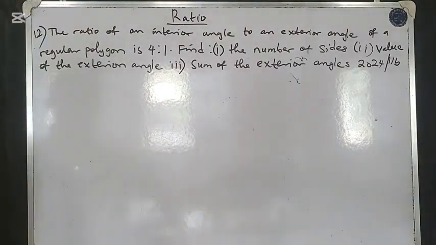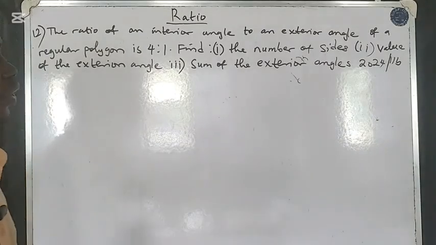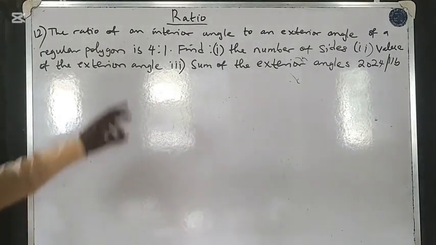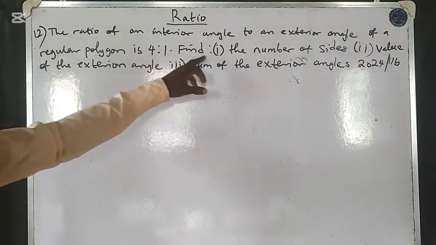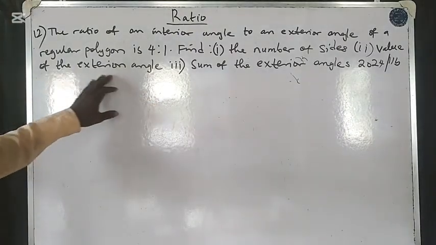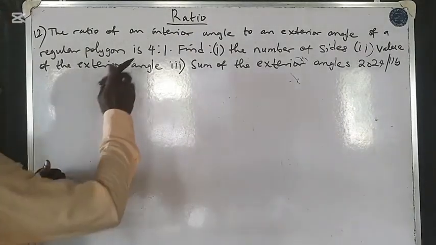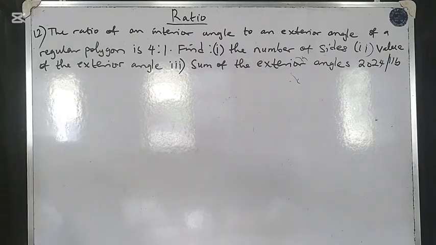We are told that the ratio of an interior angle to an exterior angle of a regular polygon is 4:1. Then we should find the number of sides. We should also find the value of the exterior angle and the sum of the interior angles. So what do we do?